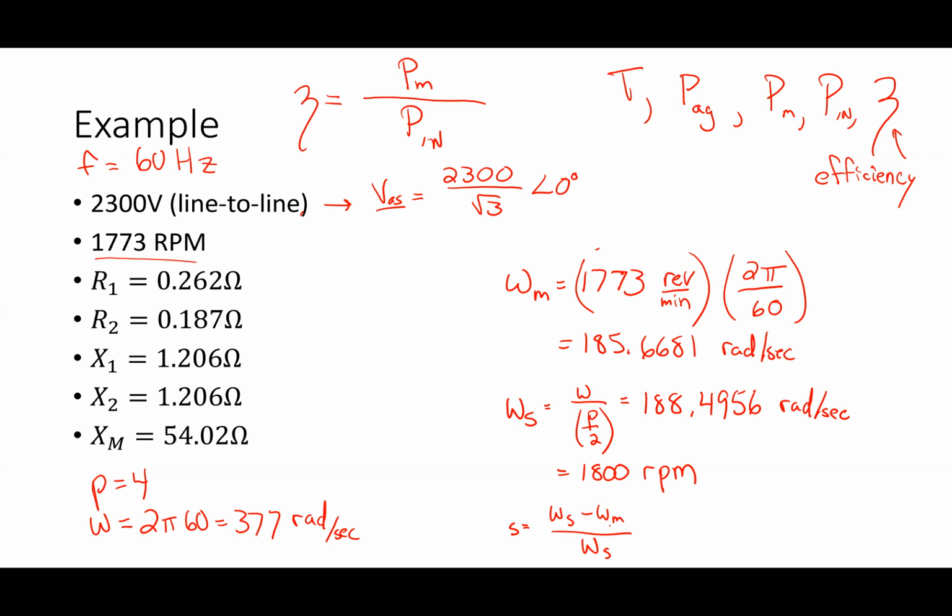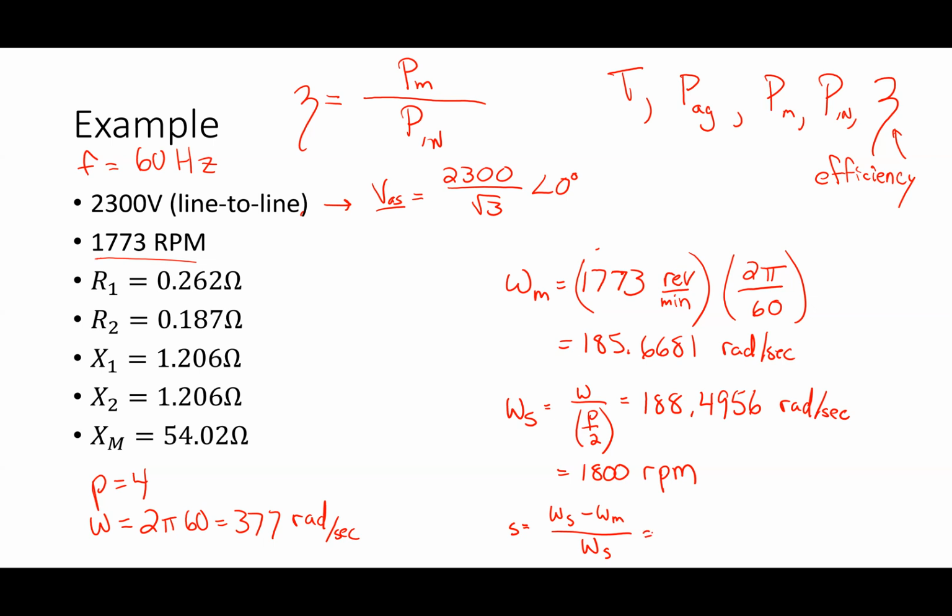If I'm operating at full speed, which is synchronous speed, so omega M is equal to omega S, what's slip going to be? 0, right? There's no slip. In other words, the field and the rotor are at the same speed.